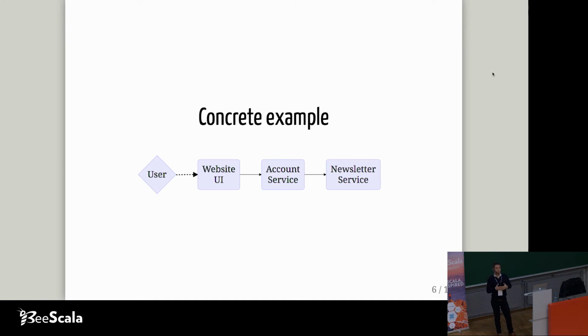The scenario that I was thinking of is that the website is going to create a request to the account service, and the account service, after creating the actual account, is going to send another request to the newsletter service to subscribe the user to this newsletter.